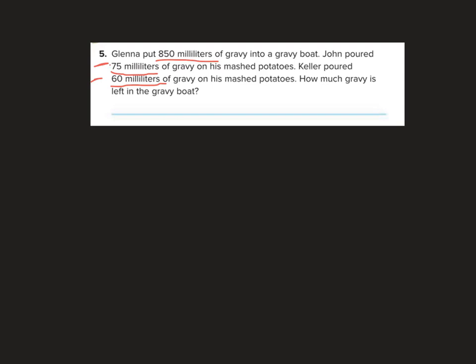We could either add these together, then subtract from here, or we could do 2 subtraction problems. I'm going to do the first. I'm going to add 75 and 60 together so that I can see how much is getting taken out of the gravy boat, and then I'll subtract that from what was in there. So 5 plus 0 is 5. 7 plus 6 makes 13.